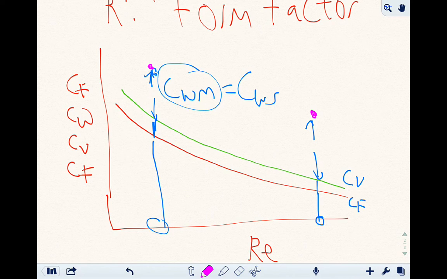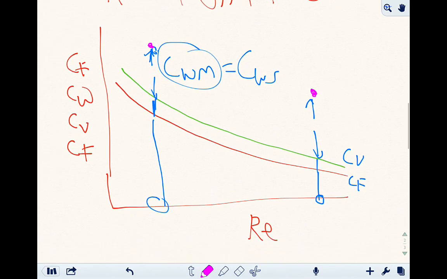And so CF can be estimated, with k in place, CV can be estimated. And so the purple, or C total, can be measured on the model. So we can easily get at the wave drag on the model by just subtracting out our estimated total viscous drag. And the wave drag coefficient of the model is equal to the wave drag coefficient on the full-scale ship. And we just tack that on to the full-scale ship.